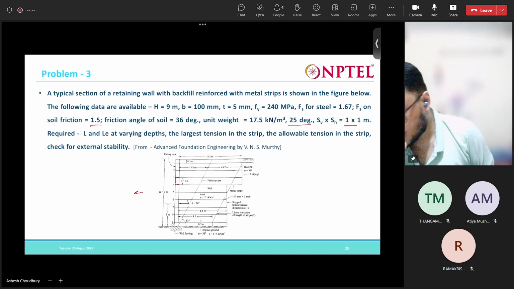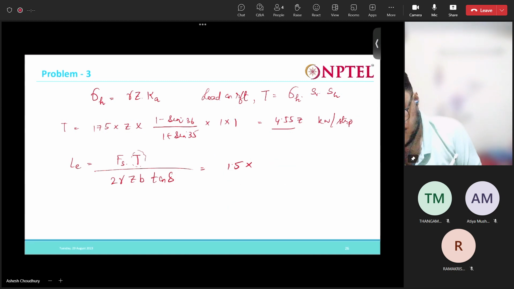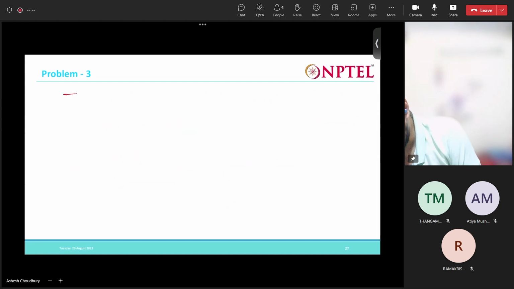So what is the total tension that is coming? It is the sum of all the heights.